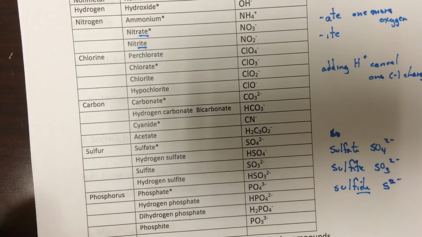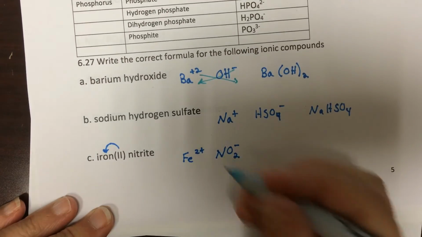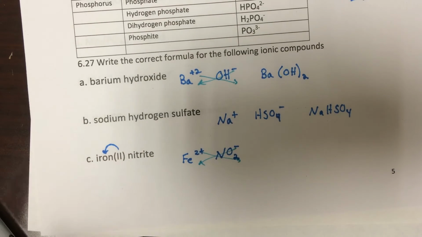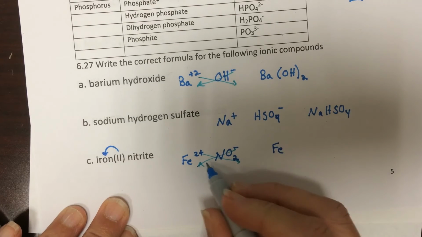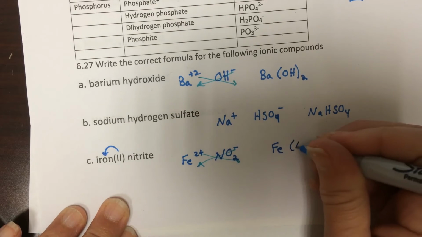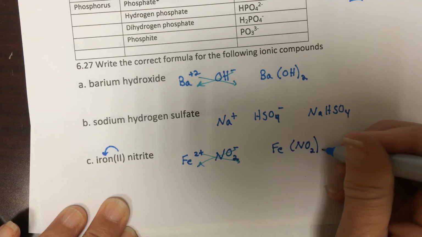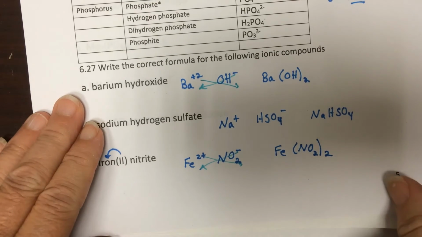Okay, we can do our crisscross. Push it back up. We'll do a crisscross, and we get 1 iron, and we're going to have 3 nitrates. And again, we're going to need to put those in brackets to be clear about what we've got.